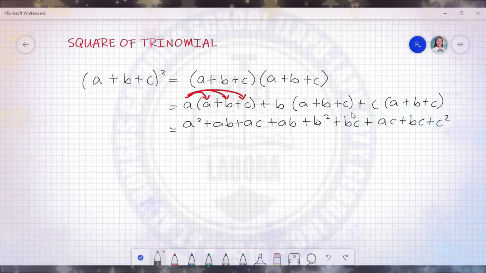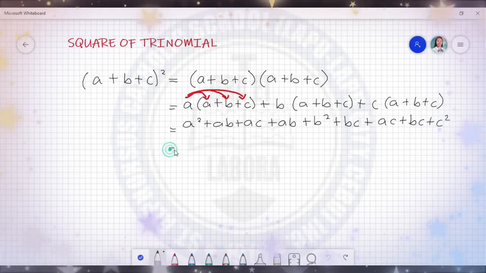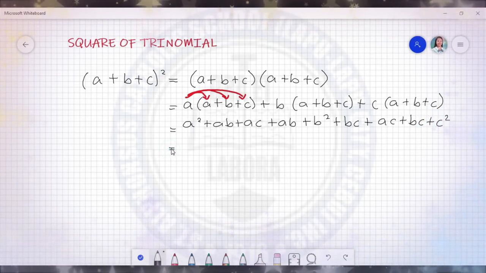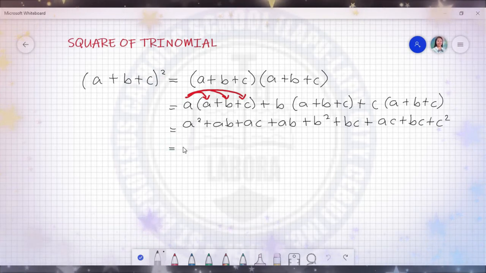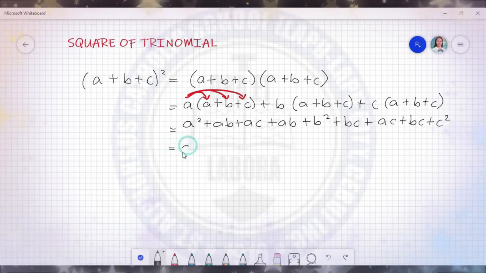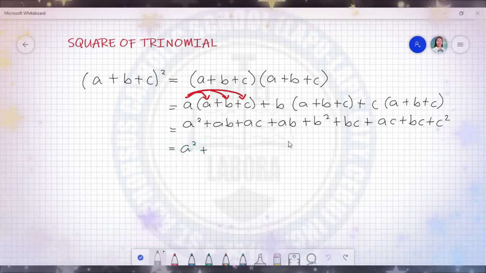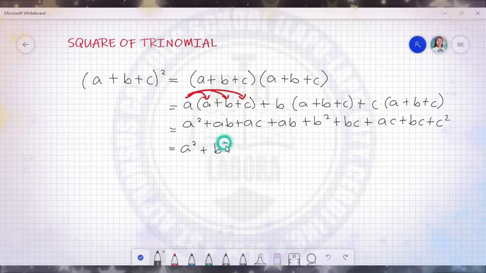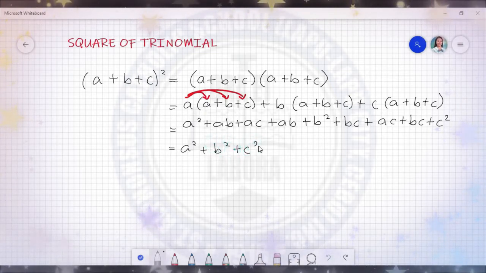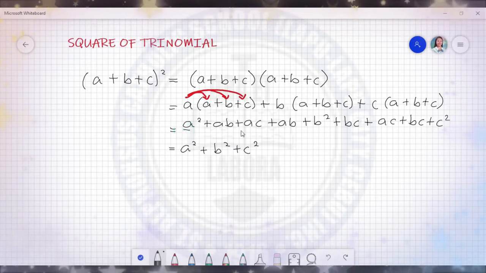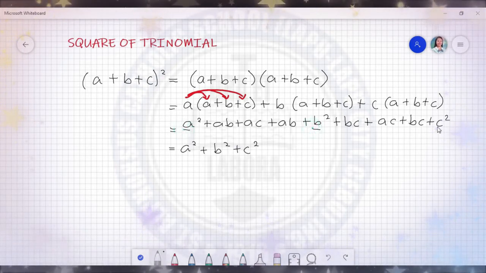Now combine like terms. We will write first the terms with the higher degree, so we write first a squared plus b squared plus c squared.